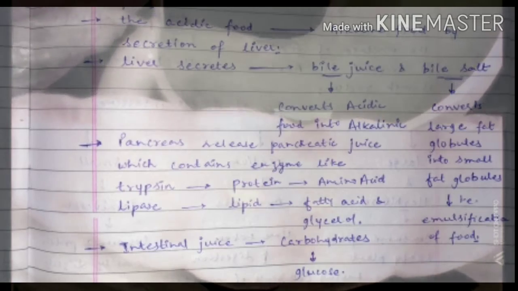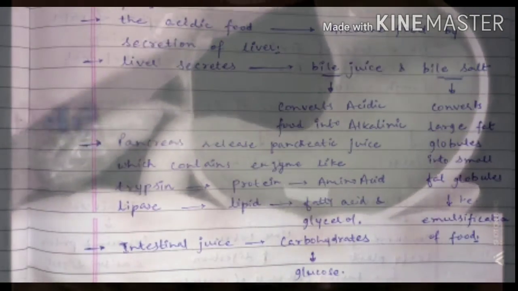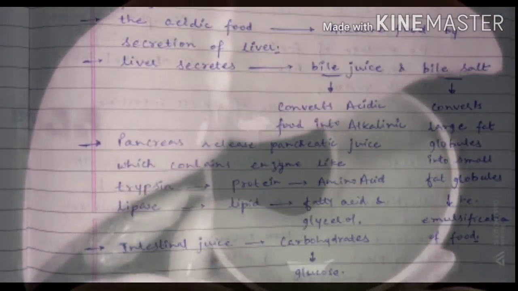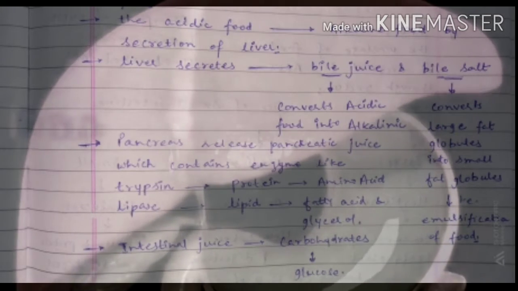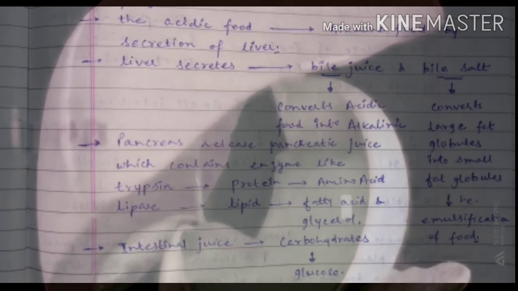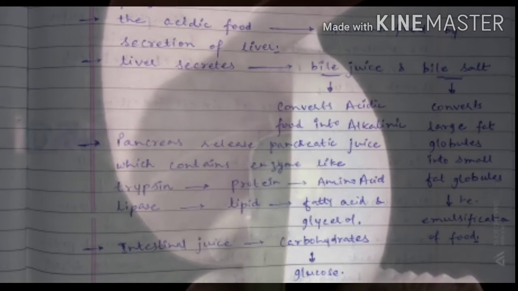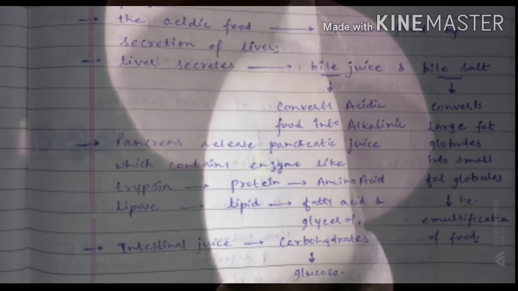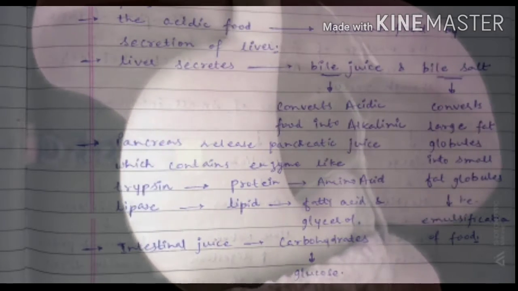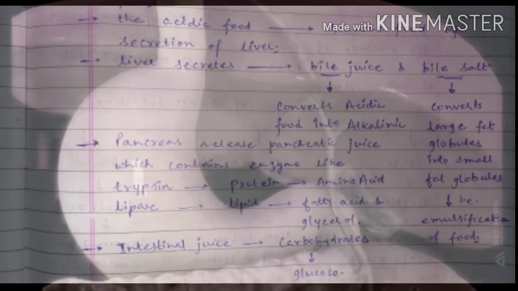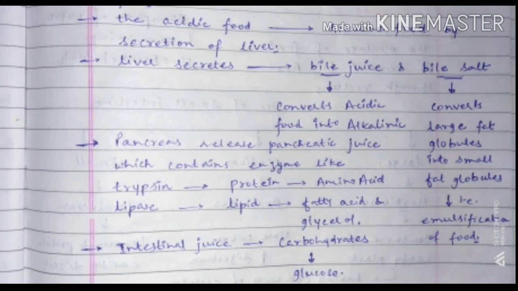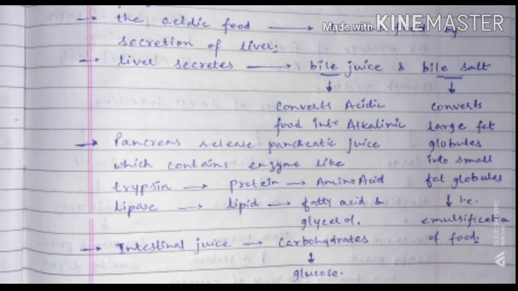Because the food is acidic, due to the HCl present in the stomach, it needs to be converted into alkaline form inside the intestine. Why is it so? Because intestinal juice only works in the presence of an alkaline medium.